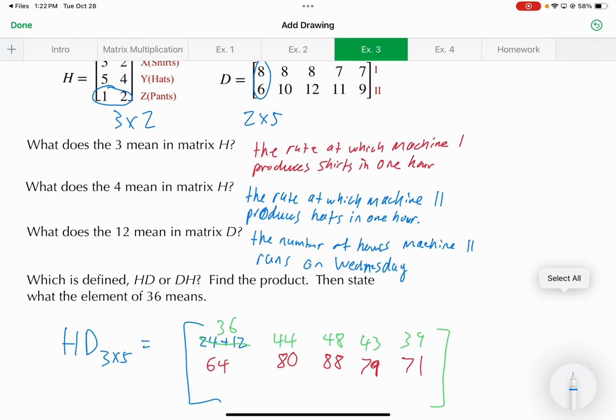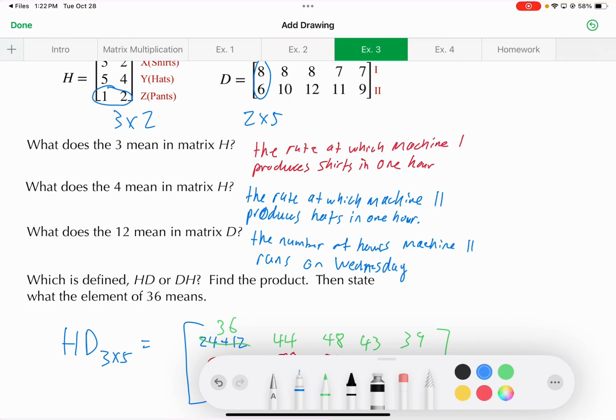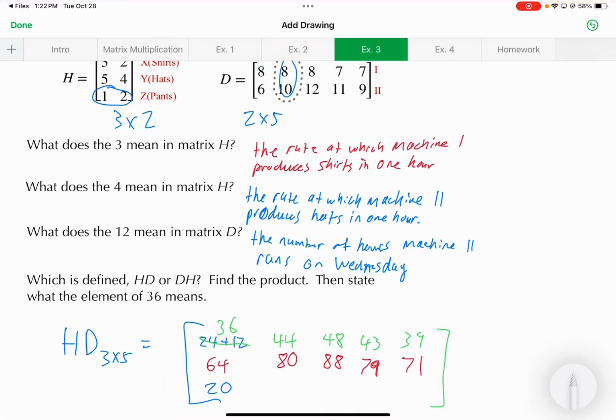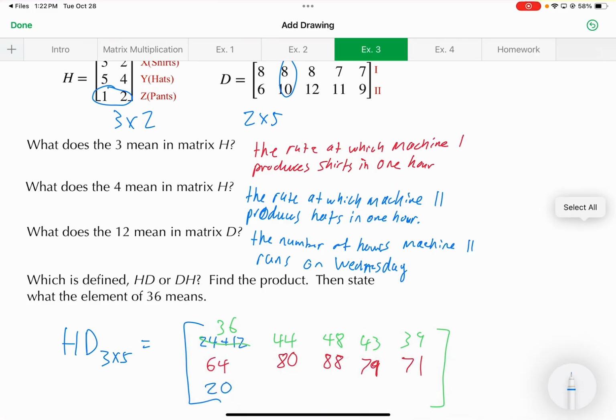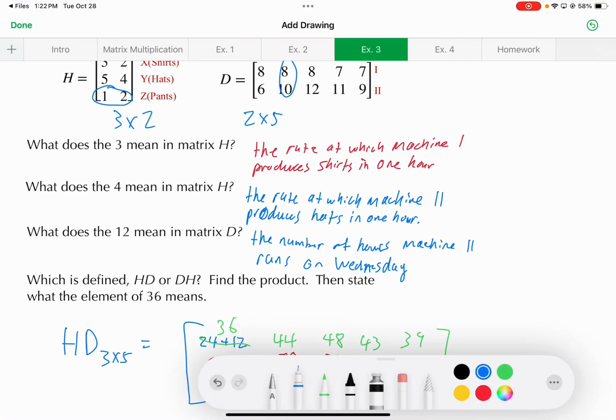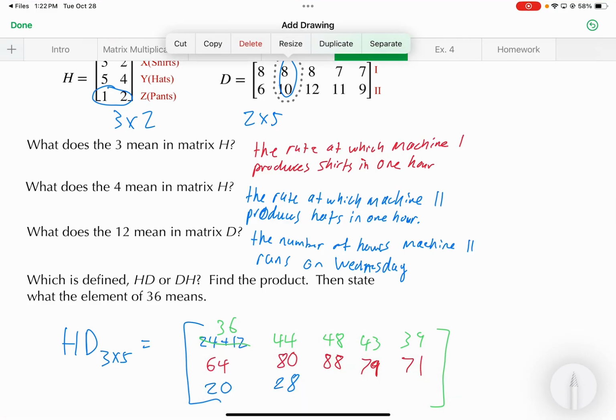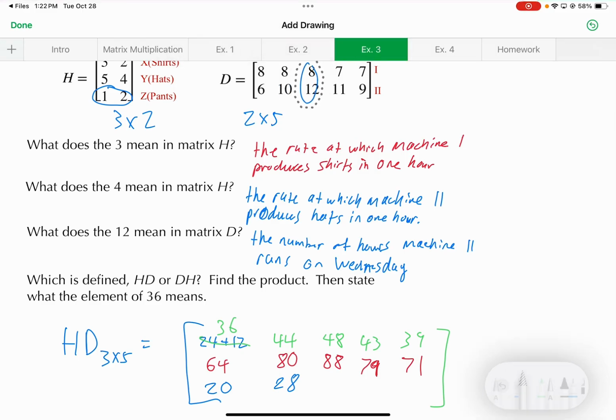All right, so 1 by 8 plus 2 by 6. We're not making a lot of pants here. 8 plus 12, 20? Does that sound good? All right. Okay, 1 by 8 plus 2 by 10. 28. Great. All right, 1 by 8 plus 2 by 12.